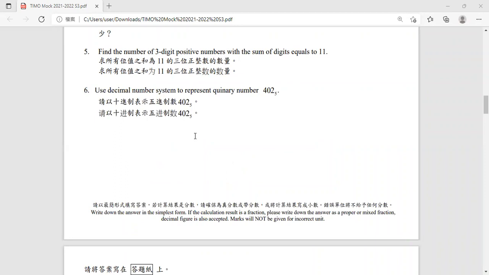This one is just easy, because for quinary you just take all the digits, so it's equal to 4 times what? You can do it from the start. So actually the 1 and 2 finish. Nothing special. Very easy.